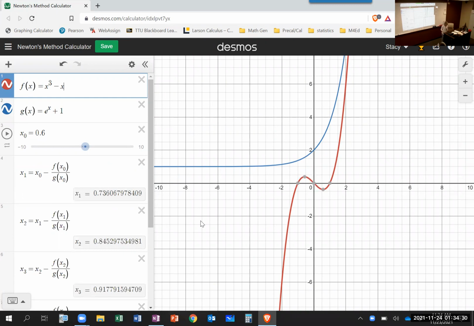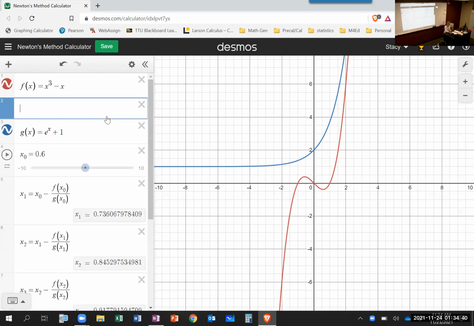And let's say that we want to look at the interval. Let me see what this other one looks like also. Turn that one off.